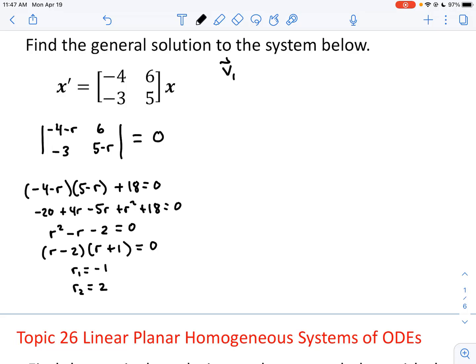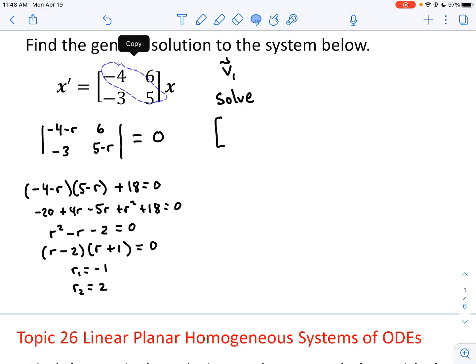To find an eigenvector, you really just want to find a solution after removing the eigenvalue from the main diagonal. So we want to solve, I'm going to rewrite the matrix here, but remove the eigenvalue from the main diagonal. So we're going to remove -1 from the main diagonal.